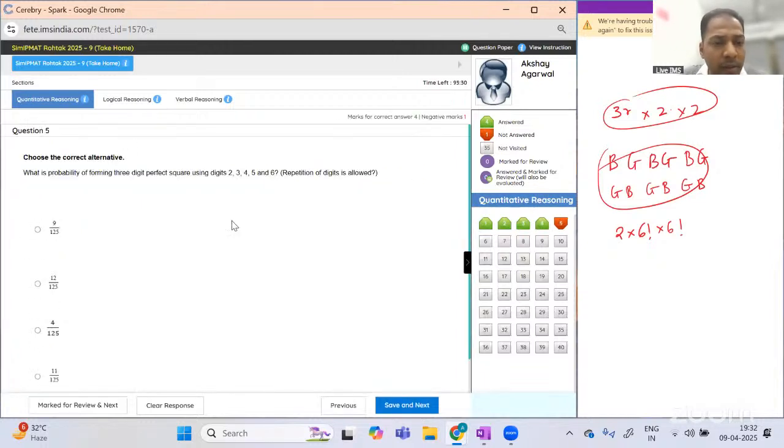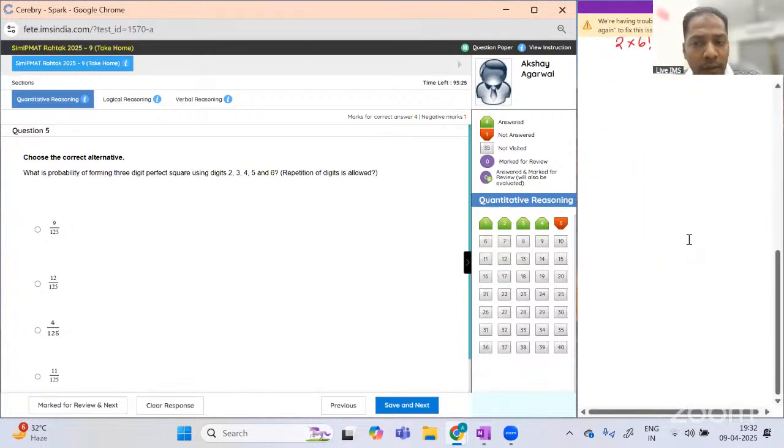What is the probability of forming a 3-digit perfect square using the digits 2, 3, 4, 5, 6?